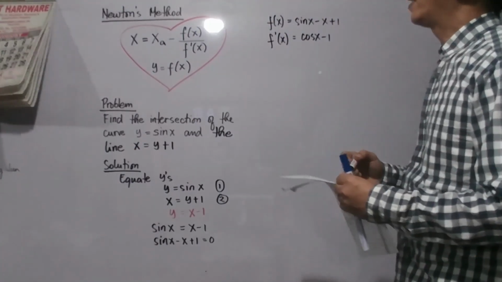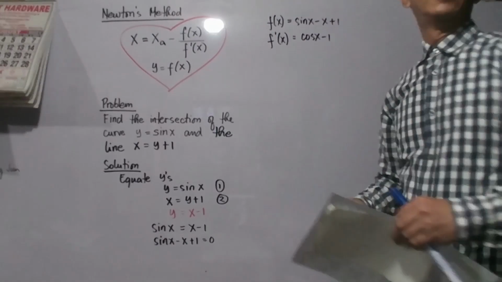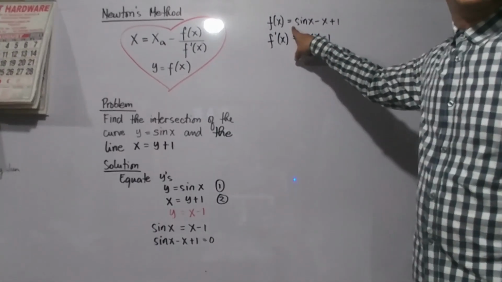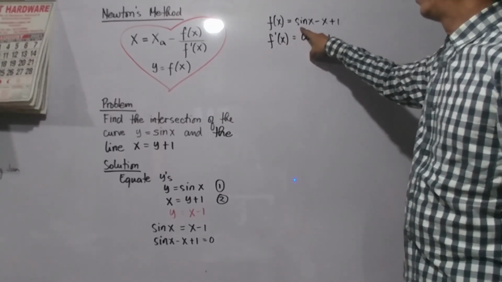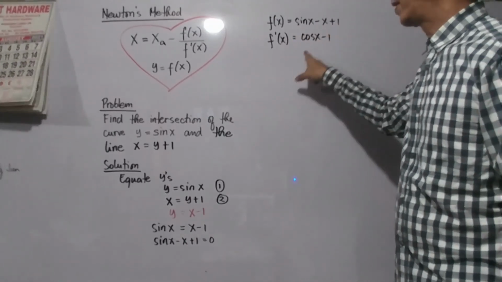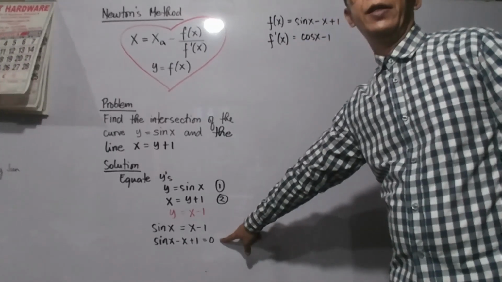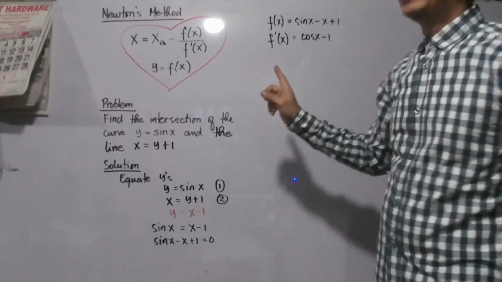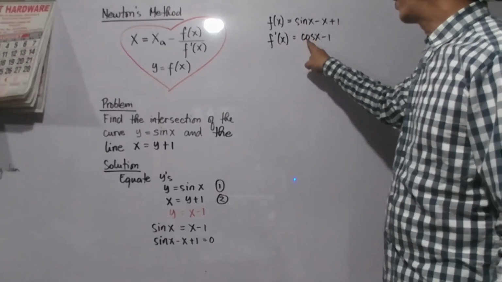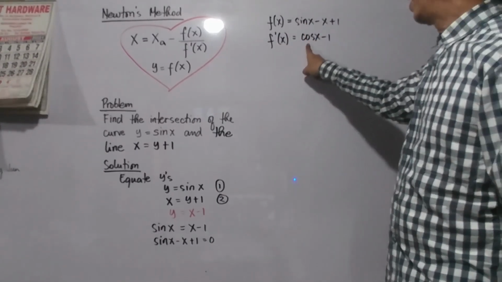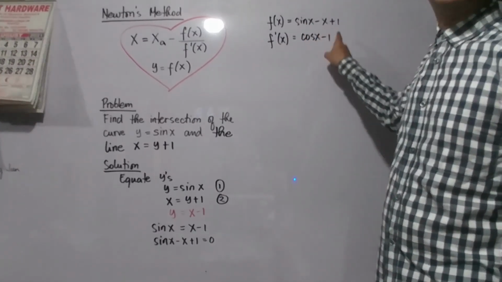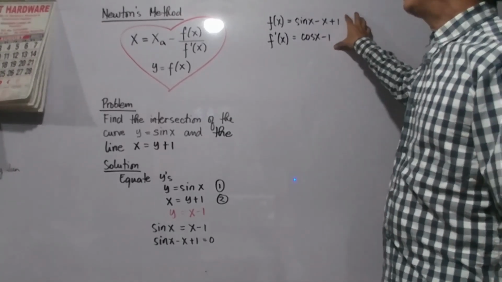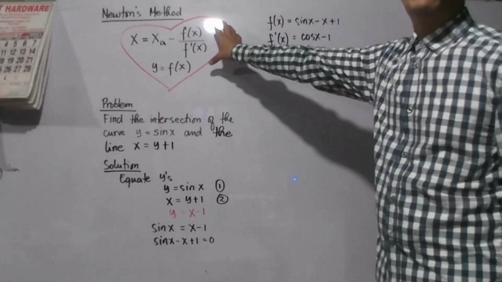So as you notice, this is our equation now, the function of x. Then, we take the first derivative. And the derivative of sine is cosine. And the derivative of minus x is 1. The derivative of 1 is 0. We will now substitute this to the formula.